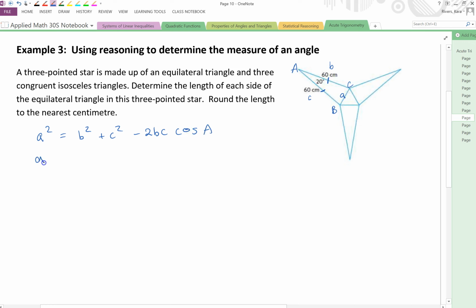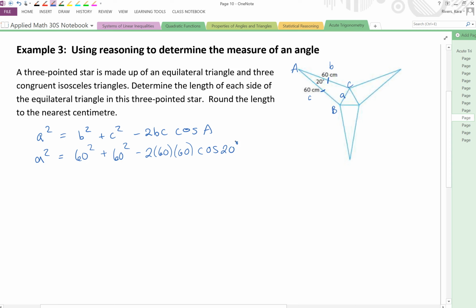We are solving for A. B is 60, so is C. All right, well, I do have enough information here. Right? My only unknown is A.